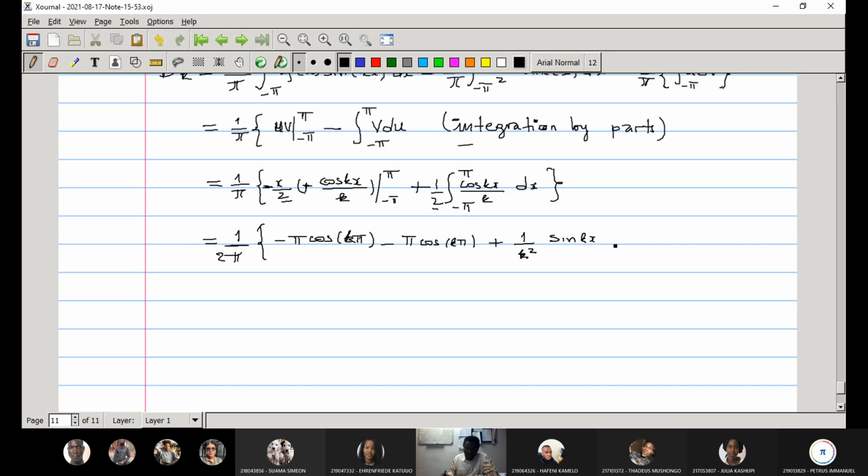So that will be squared here, and that will be from negative pi to pi. Okay, good. But what is this? This is an odd function, centered at 0, so this will be 0. So this will cancel out completely. So all this is 0.